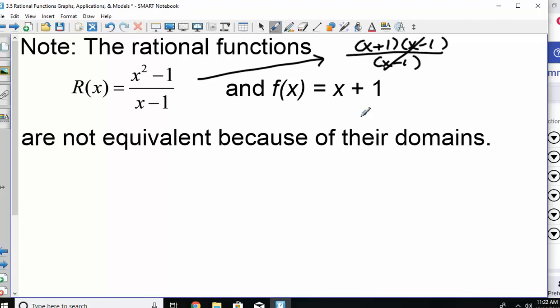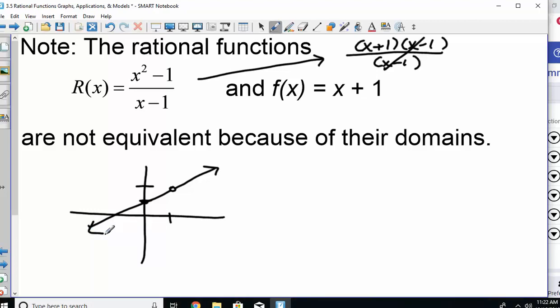So if you type this in, it's actually going to graph this line, x plus 1. But the original one, since you can't have a 1 in there, the actual graph would have what we call a hole in it. It would have an open circle on it.